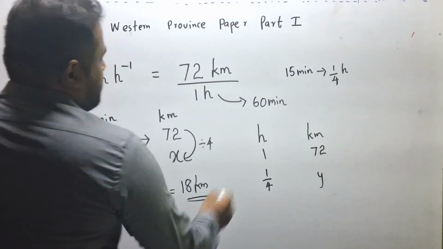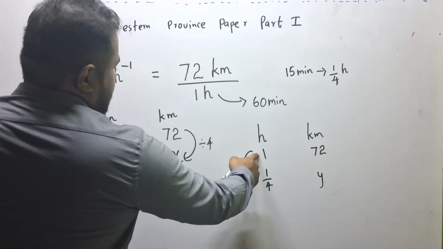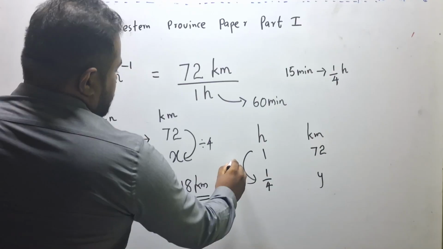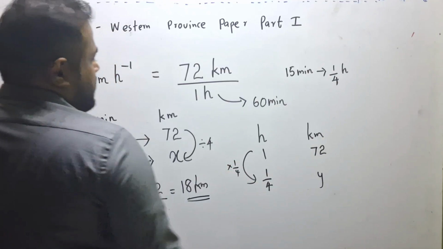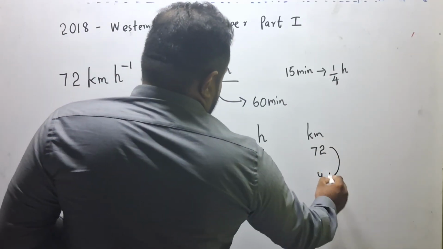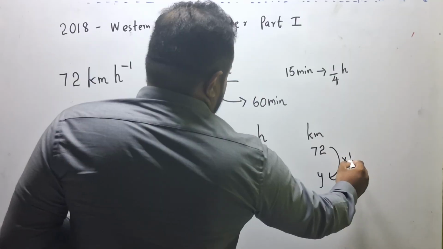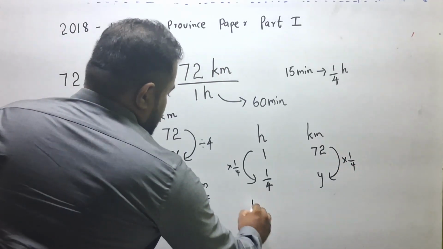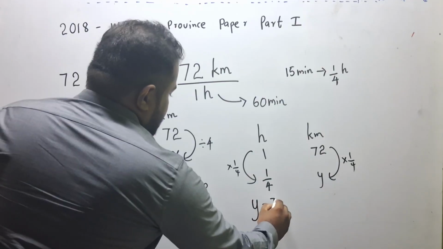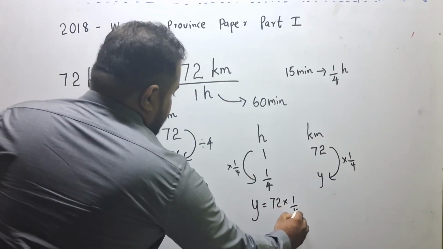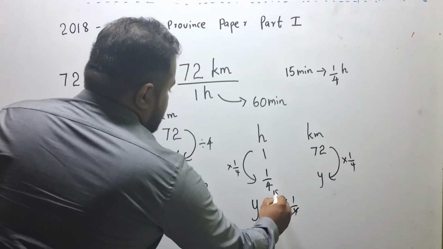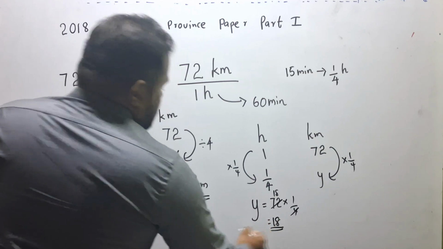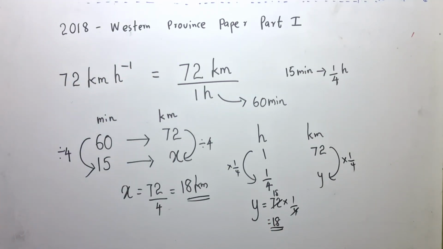To make 1/4, what do we have to do? Multiply by 1/4. So to find the value of y, what do we have to do? Multiply 72 by 1/4. Value of y equals 72 multiplied by 1 over 4. Same answer, 18, appears. Okay, you can use any of these methods.